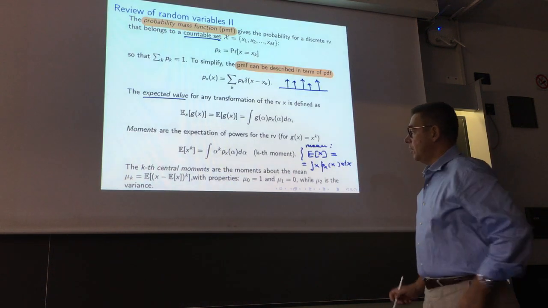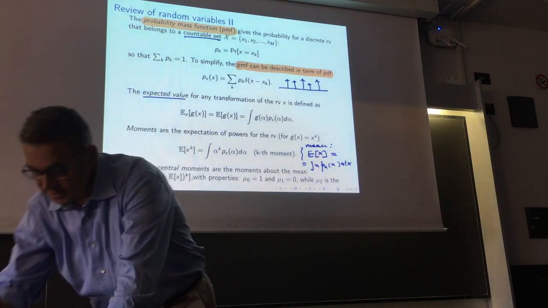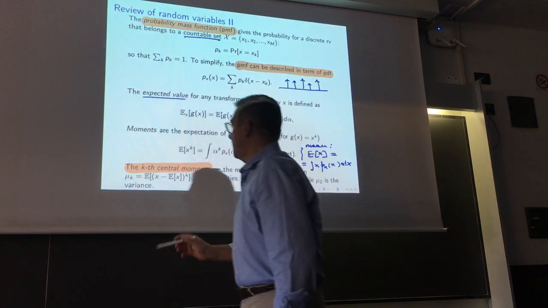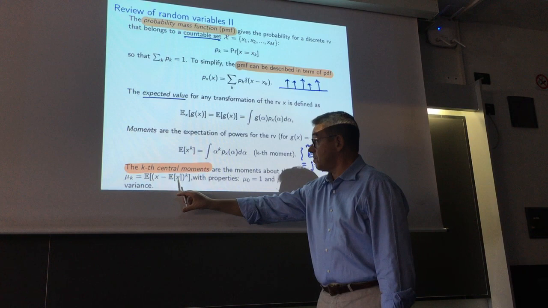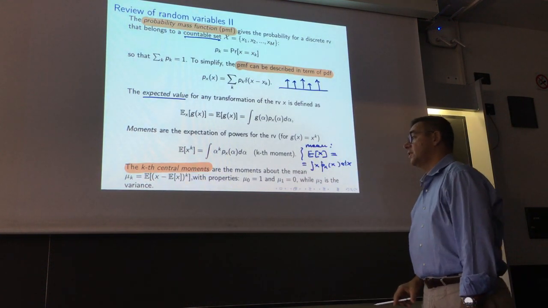So, the kth central moment is the same as here, except that I have x minus this value, which is the expectation, the mean.